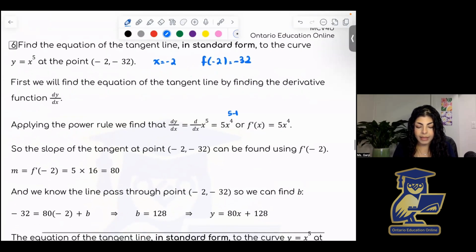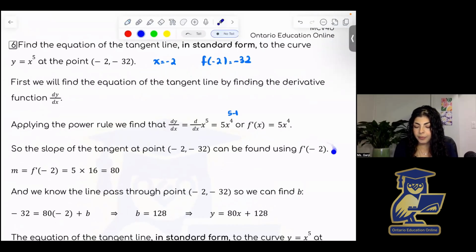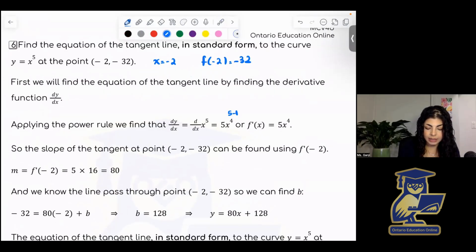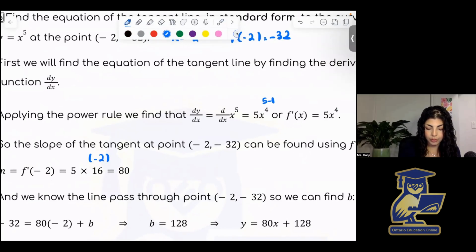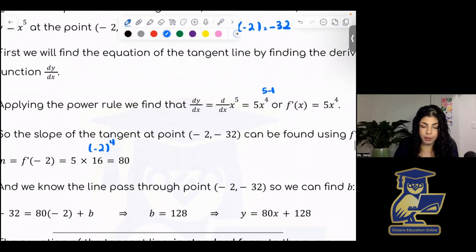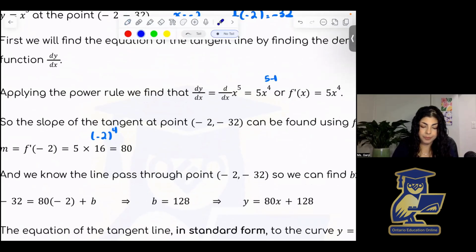Now, the slope at the point negative 2, negative 32, is found by just substituting the x value, which is negative 2. So m is f prime of negative 2, which is equal to 5 times negative 2 to the power of 4, which is 16. And we find that this is 80.